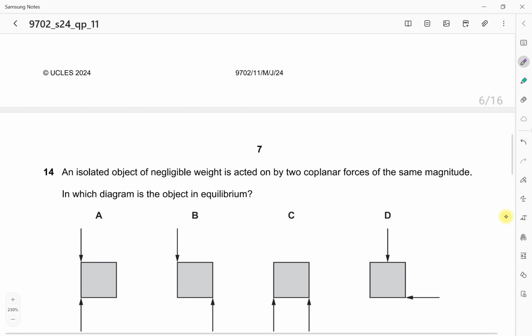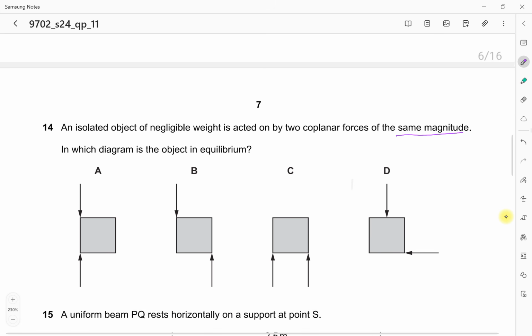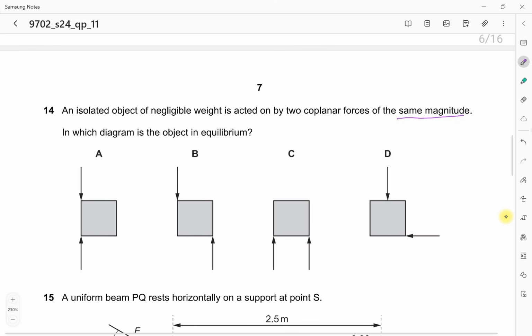An isolated object of negligible weight is acted on by two coplanar forces of the same magnitude. In which diagram is the object in equilibrium? So for equilibrium, the resultant torque should be 0, and the resultant force should be 0 in any direction.